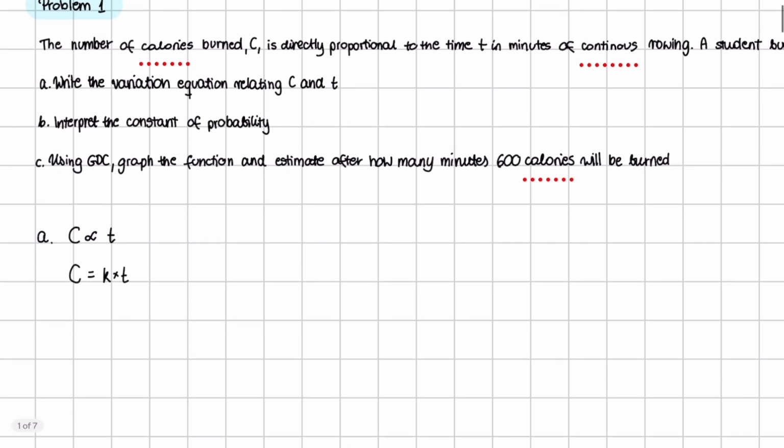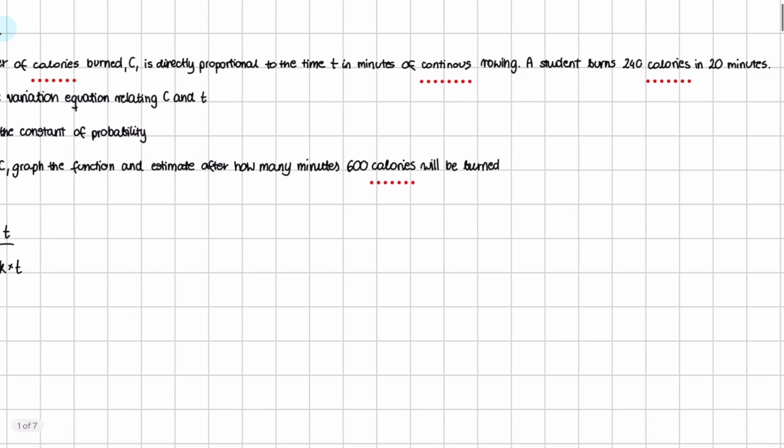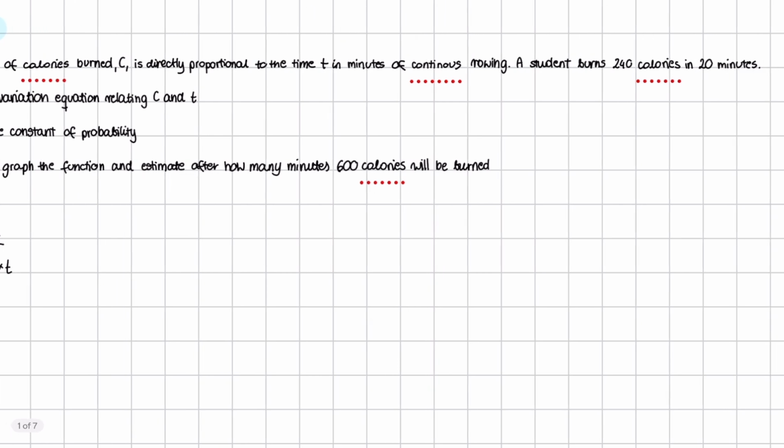So this is almost the same, however with another sign and with a factor in front of T. And now we can use our information that a student burns 240 calories in 20 minutes.